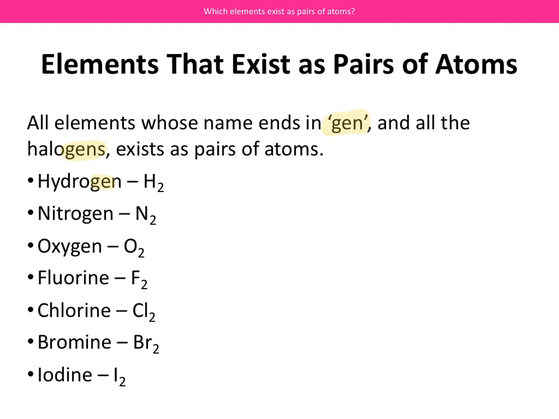So we've got hydrogen, nitrogen, oxygen, and then the halogens, the ones that we're mostly interested in, are fluorine, chlorine, bromine, and iodine. That's group 7 on the periodic table. So all of those elements will exist as pairs of atoms.